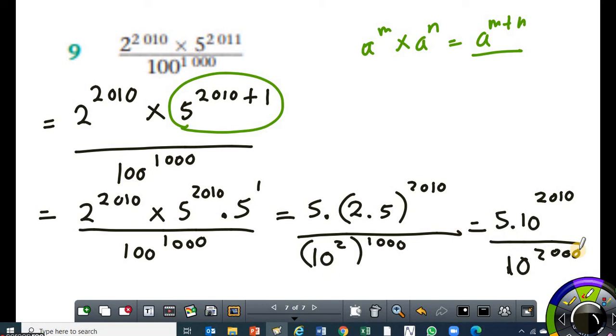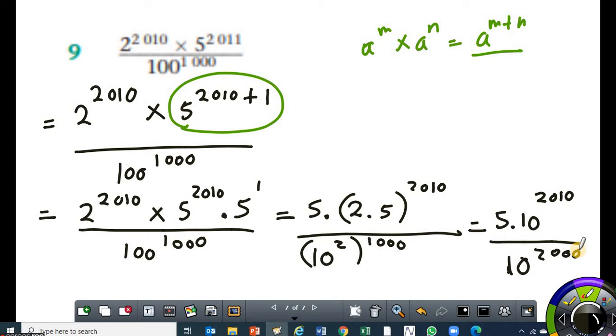Are you following? This is not the only way, but this is my approach for the question. When I saw the question, this is what came into my mind. If you want to work with bases of 5 and 2, it's fine. But I don't want to work with smaller bases, so I work with base of 10.